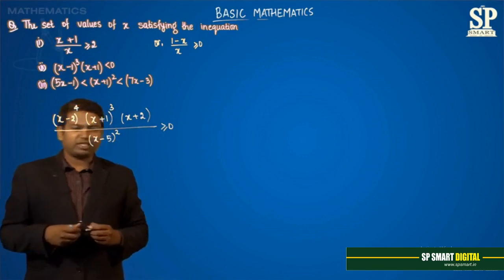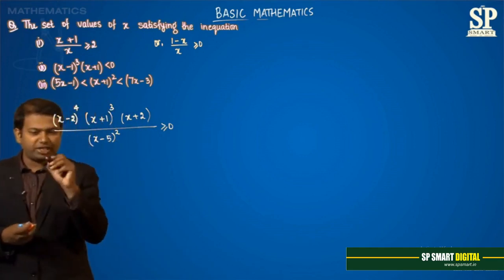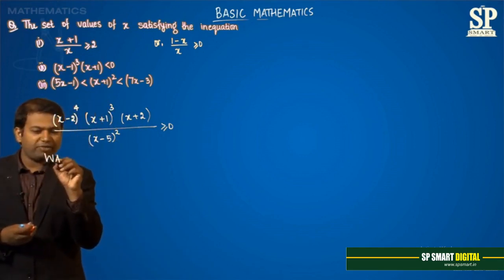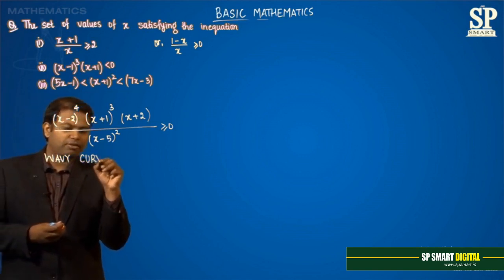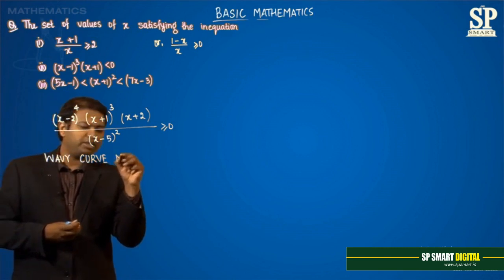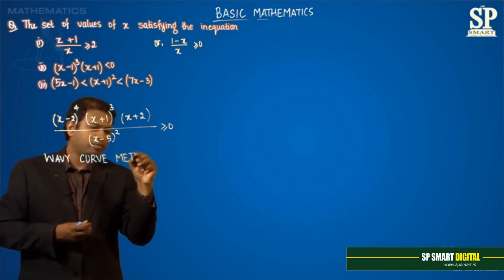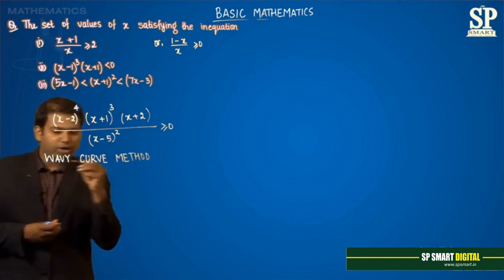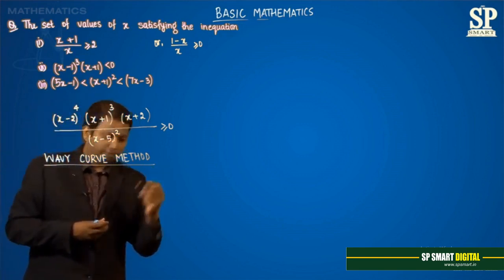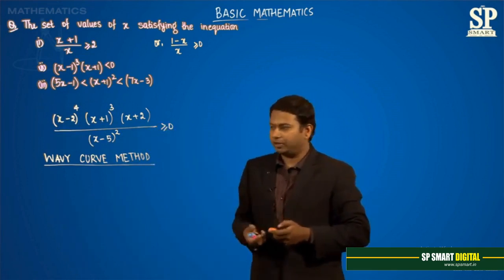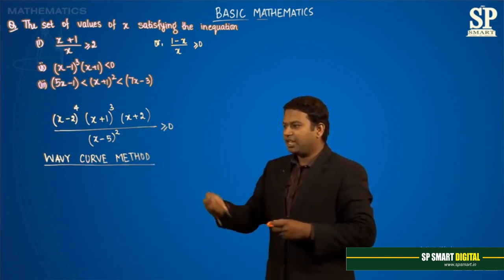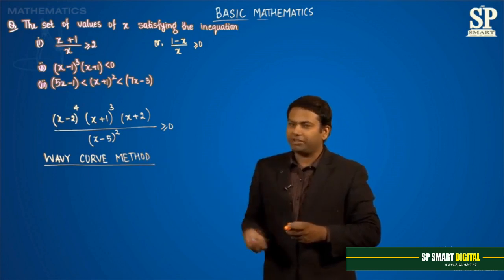So let us now discuss the method which is known as wavy curve method. Now, using this method, we find the solution set of such inequalities. So let us first discuss this inequality using wavy curve method.